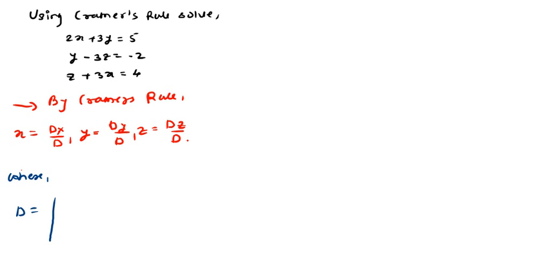Now you know this system contains 3 equations and 3 variables x, y and z. In the first equation the coefficient of x is 2, in the second equation the coefficient of x is 0, in the third equation the coefficient of x is 3.